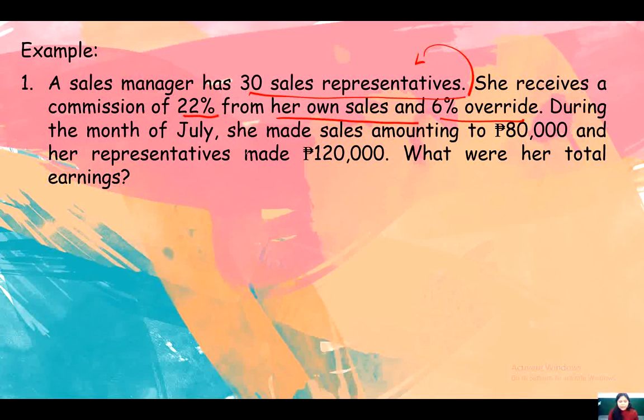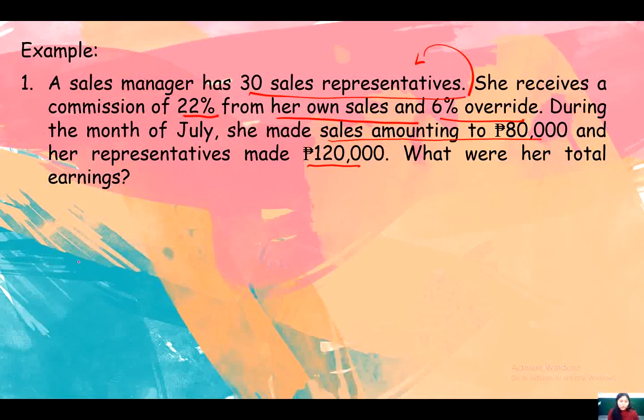So during the month of July, she made sales amounting to 80,000. So ito ang kanyang sariling sales, personal sale niya yan. And her representatives made 120,000. Okay? Bigger. So ibig sabihin, malaki ang kanyang kikitain, no? So we are asked to find her total earnings.